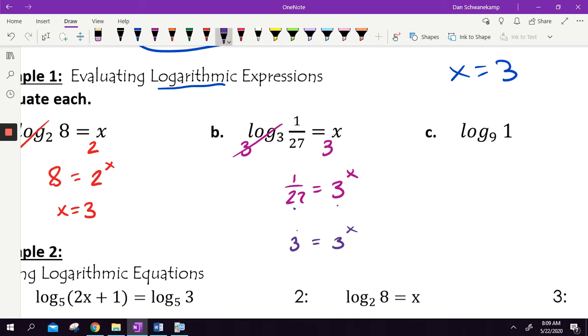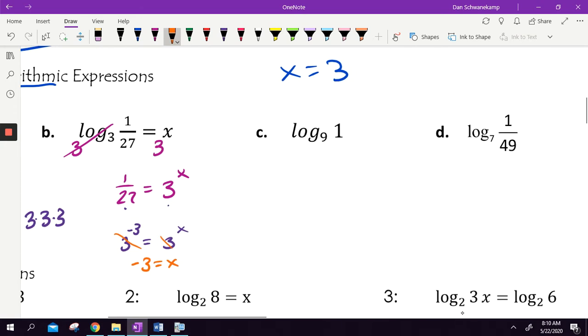And then 3 times 3 times 3, that is 27. So in other words, 3 to the negative third is the same thing as 1/27. Well, if I write it like that, now I've got a base of 3 on both sides. Those can cancel. Negative 3 is equal to x. Boom, I solved it. Let's keep going.